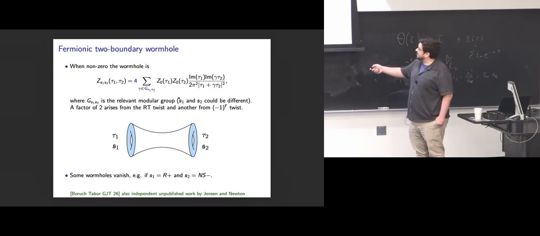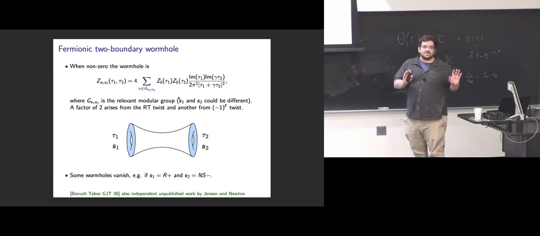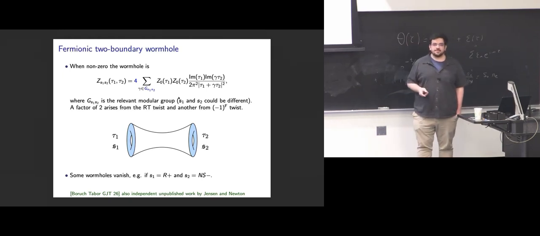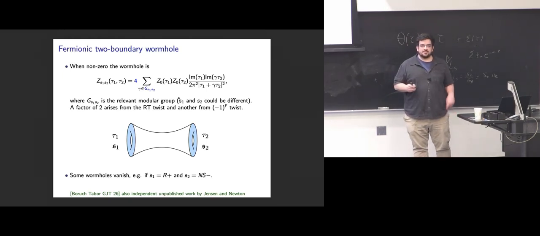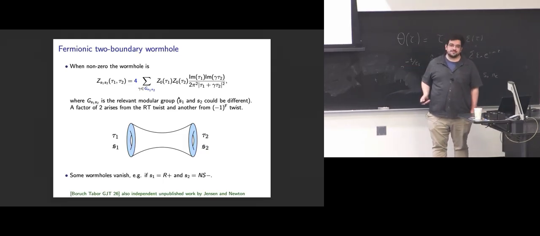In this case, with R plus it vanishes because all the wormholes with an odd number of R plus boundaries vanish, and it's the symmetry between the probability distribution of the bosonic and the fermionic sectors of the Ramond Hilbert space. So that's an exact statement, but there are correlations between the NS and Ramond sector. Yeah, but the correlations are what's implied by precisely this formula. So you can derive it from these formulas.